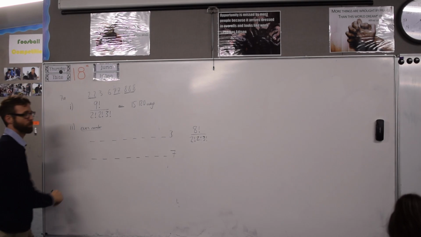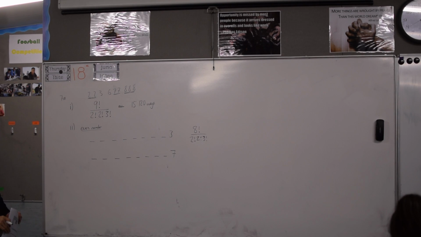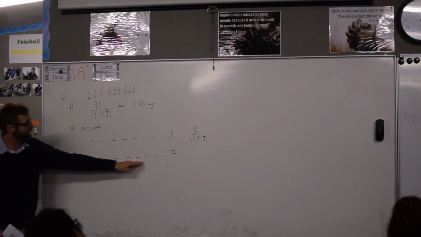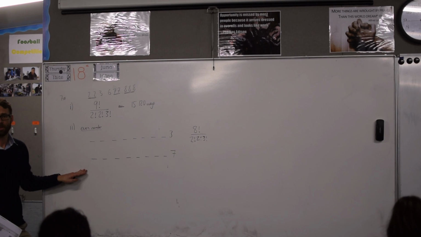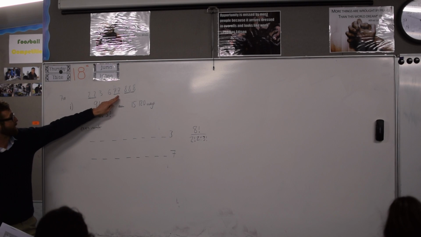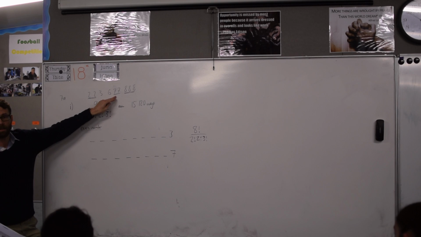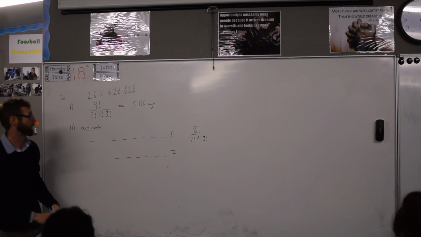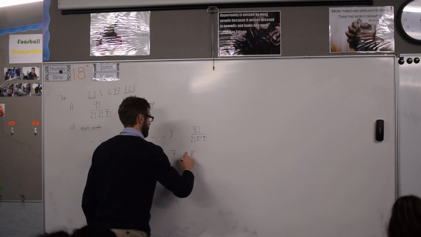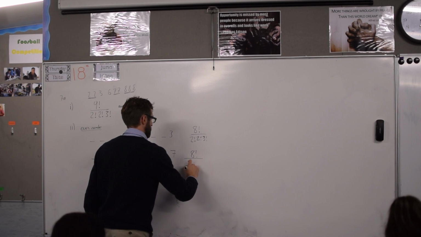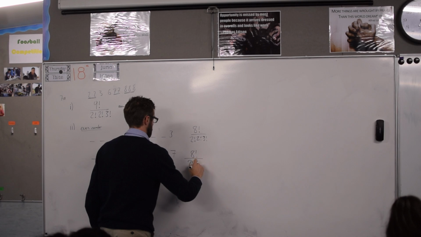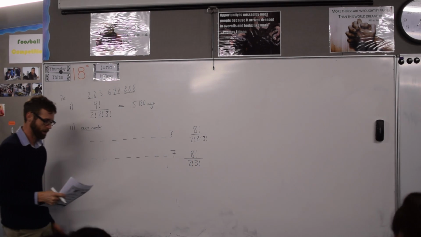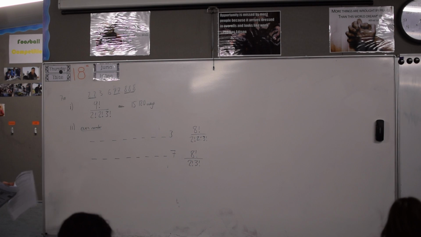Okay, but what about this one here? Now we've got 8 other numbers that we have to arrange. But we're not going to have this, are we? We will have this, and we will have this. So it will be this.